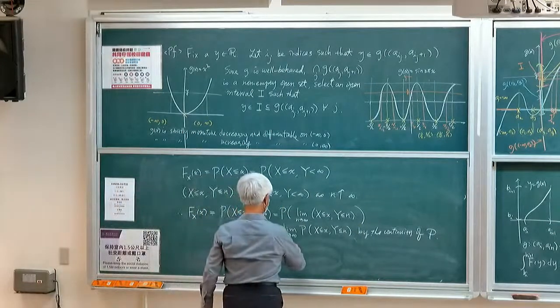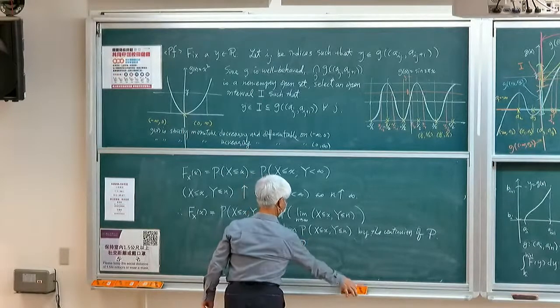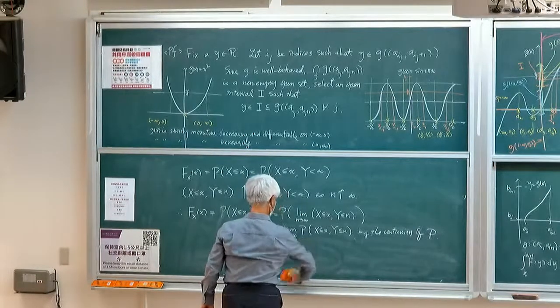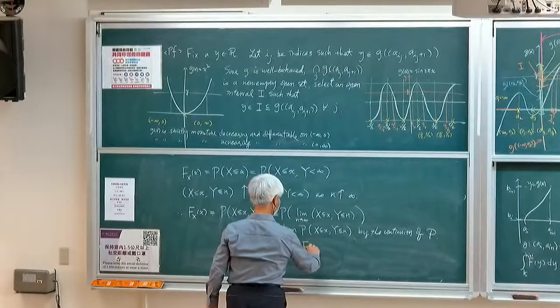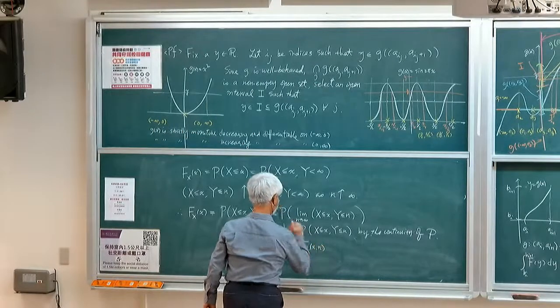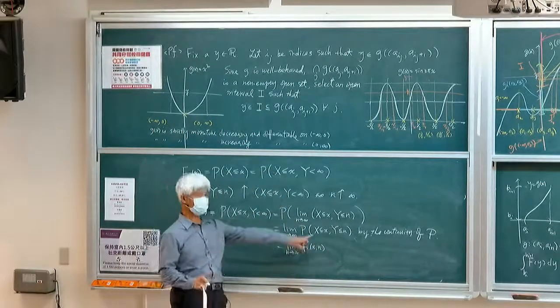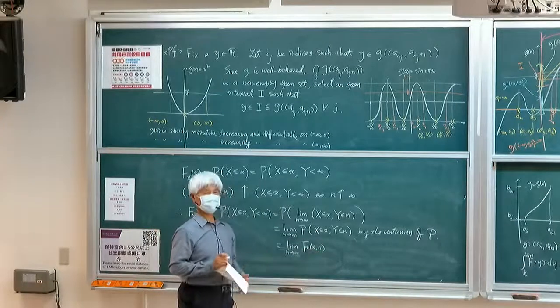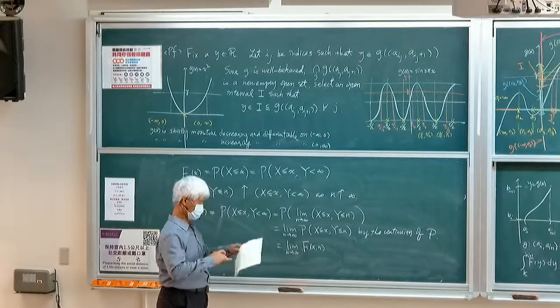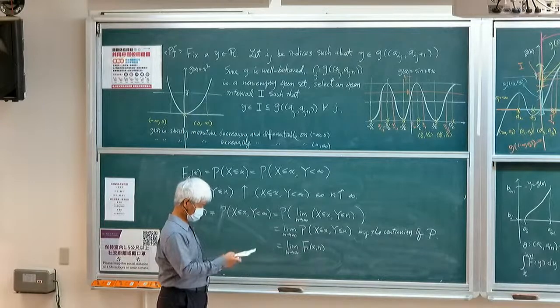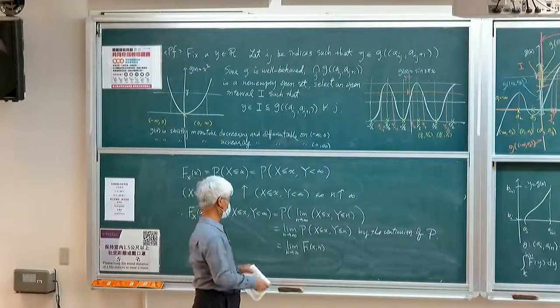And so by our definition, this is just the joint CDF, with n here. Okay.